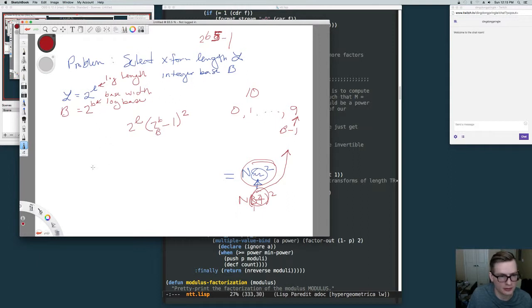So what we have then is that 2 to the whatever our word length is plus 1 minus 1 must be greater than or equal to whatever our maximum representable number is. So it must be greater than or equal to 2 to the L times 2 to the b minus 1 squared.